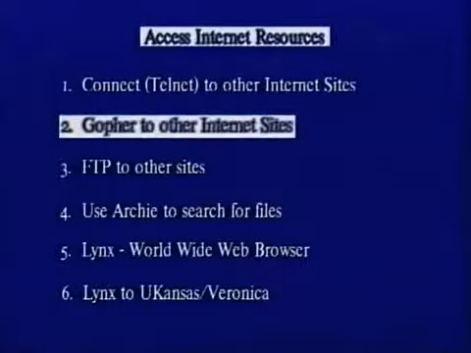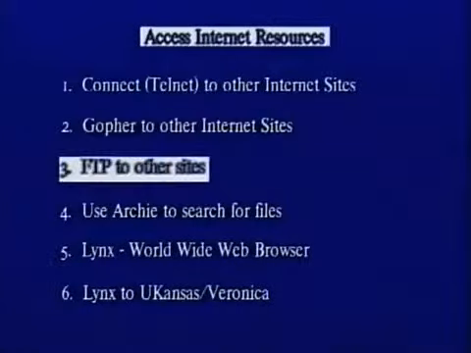And this is how we go out and find some files that we may want to get, like software files, information that you might want to track down. Then after you've used Gopher to find out where that information is, you use what's called FTP, or File Transfer Protocol.